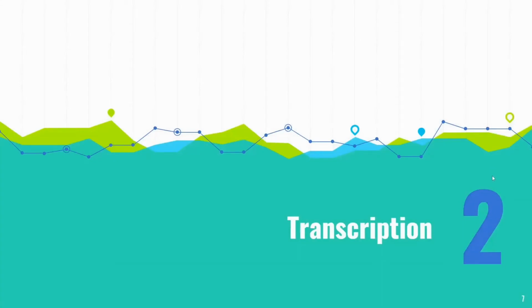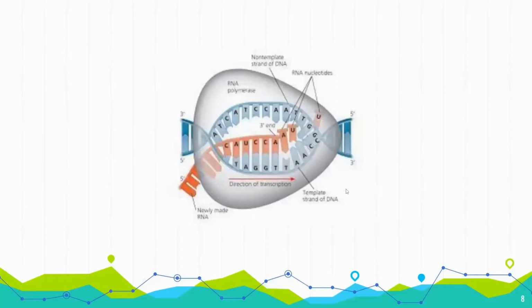Now we will talk about the process of transcription, which is the process where DNA is transcribed into mRNA. Transcription begins with the transcription initiation complex, where a sequence of DNA, usually with the sequence TATA, attracts transcription factors and RNA polymerase, which facilitates the binding of a promoter.